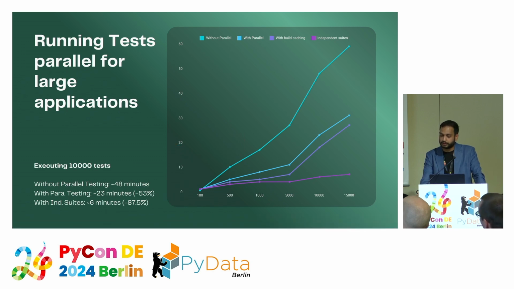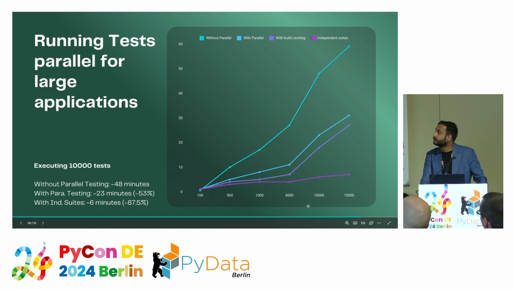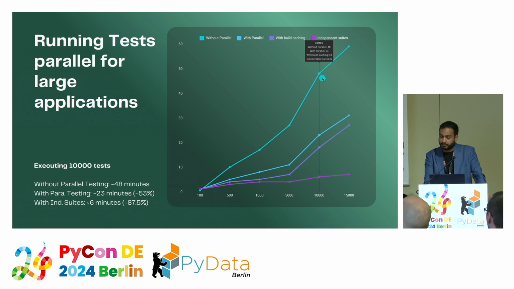So right about 10,000 unit tests, without a parallel test environment, it takes about 48 minutes to execute. And with parallel tests, it takes about 23 minutes to execute, which is approximately a 53% reduction.